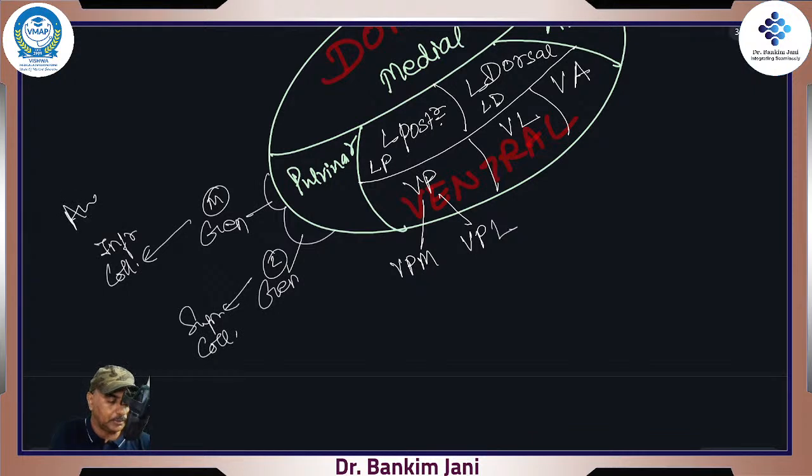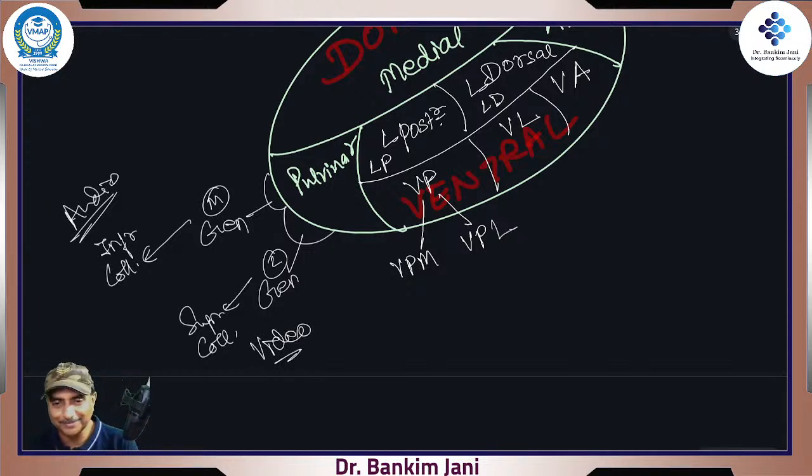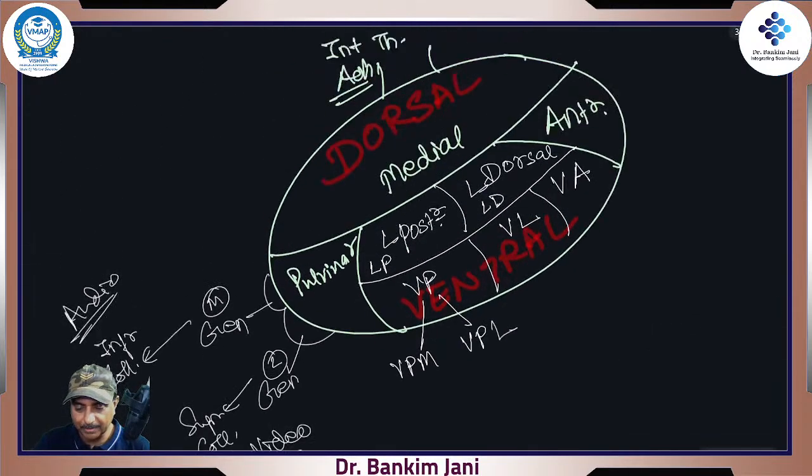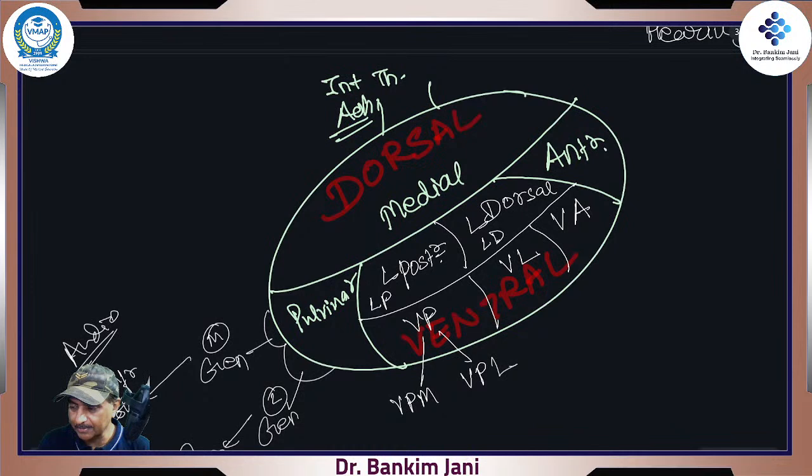This is for audio, this is for video. I mean hearing and vision. Okay, so do remember this part. The dorsal is sky, right? Dorsal is roof, ventral is floor.